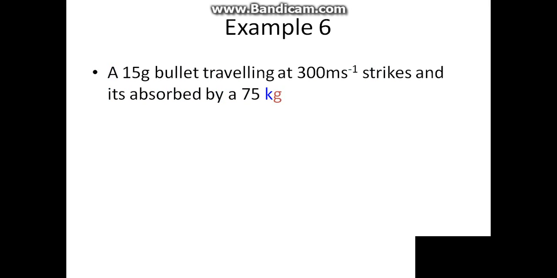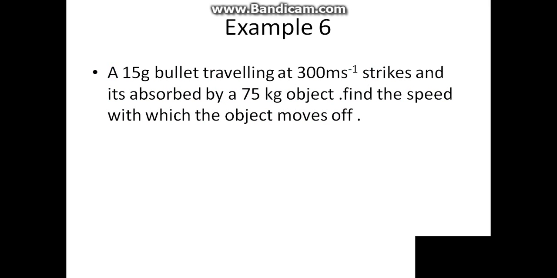Example 6. A 15-gram bullet traveling at 300 meters per second strikes and is absorbed by a 75 kilogram object. Find the speed with which the object moved off.